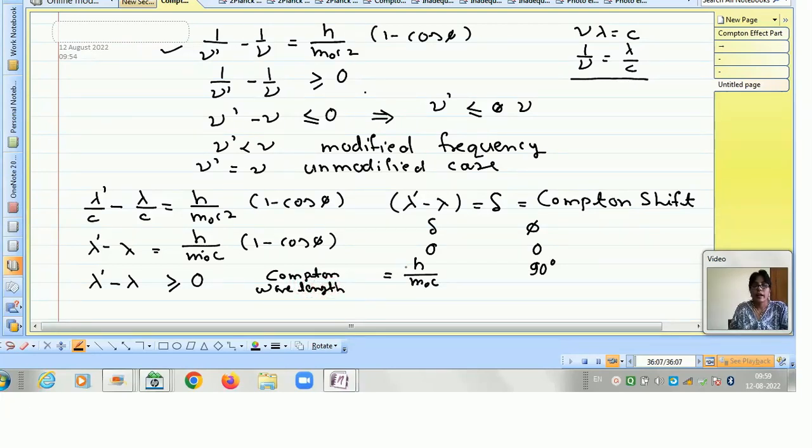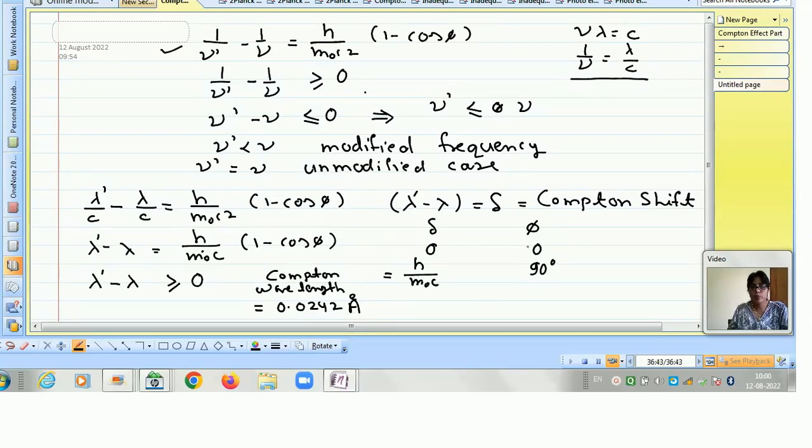You can see that all the factors are constant. h is the Planck constant, m naught is the rest mass of the electron which is constant, and c is the speed of light, which is also constant. Therefore, we can calculate this term, and this term is 0.0242 angstrom. So the Compton wavelength is 0.0242 angstrom.